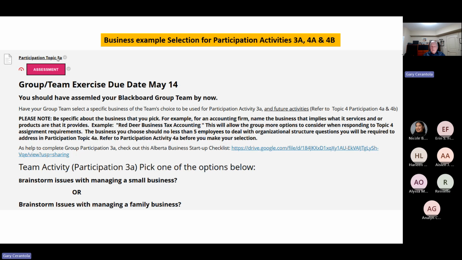Okay, so here's where we get into groups, and that's why I was really stressing that the sooner you can get the learning team charter done, the better. It's just so important to understand how you could work much better.